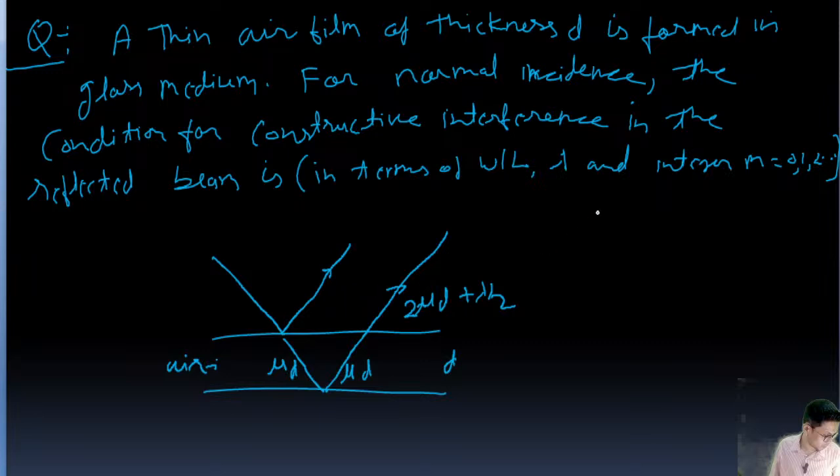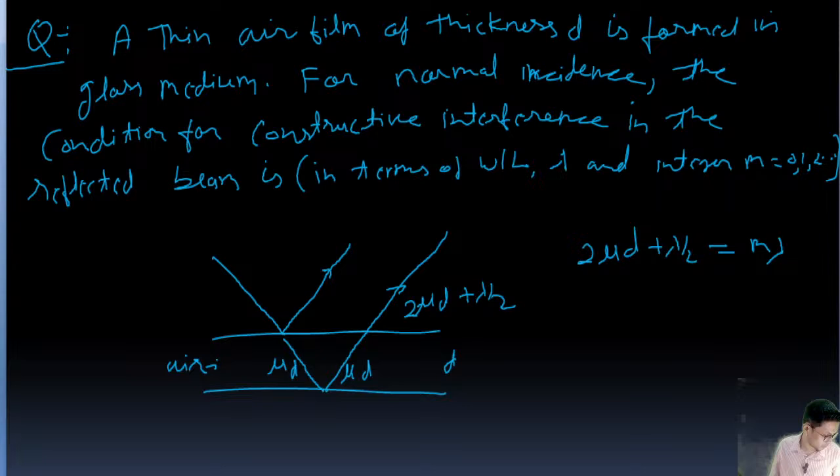So for constructive interference, the path difference should be m lambda. So 2 mu d plus lambda by 2 equals m lambda. From here you can get the condition. Options are given, guys. I'll write the options, then I will solve it.